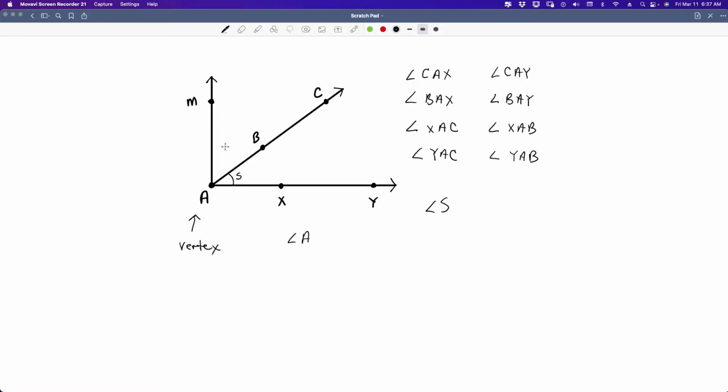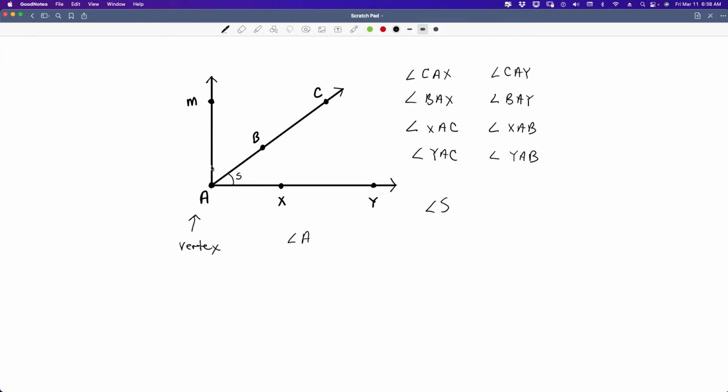Now another term that we use when we have a multi-ray object: this is actually a ray because it starts here and goes off in one direction, and a line goes off in both directions. When we have more than one ray from the same vertex, these are called adjacent angles, and all that means is they share a vertex and there's more than one possible angle.